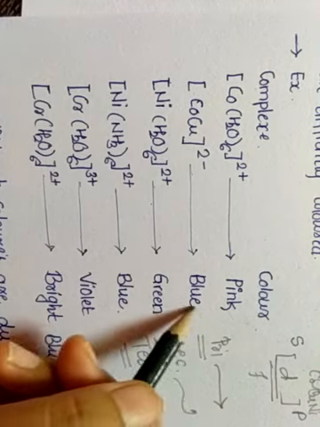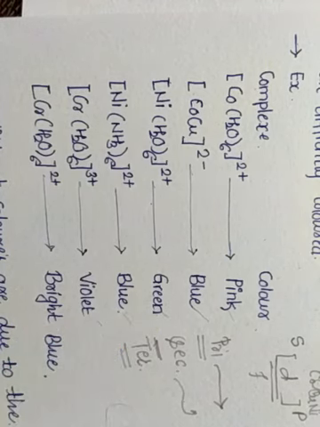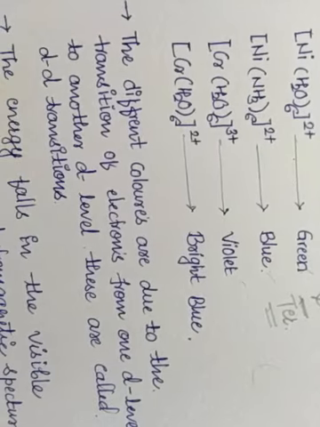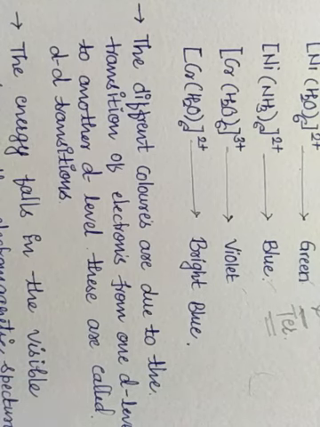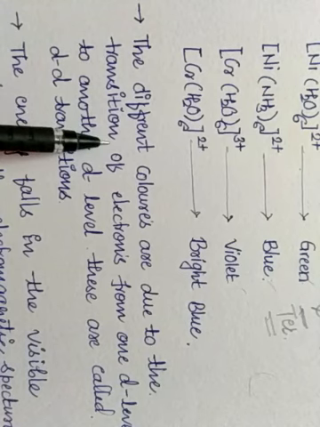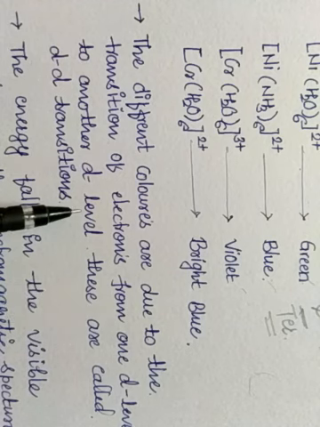Like that, different colors of different complexes are available. So the different colors are due to the transition of an electron from one d level to another d level. These are called dd transitions. So the different color of any transition element or metal is because of the transition of an electron from one d level to another d level.